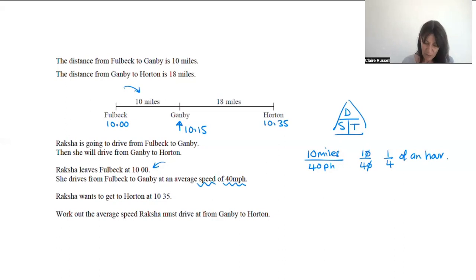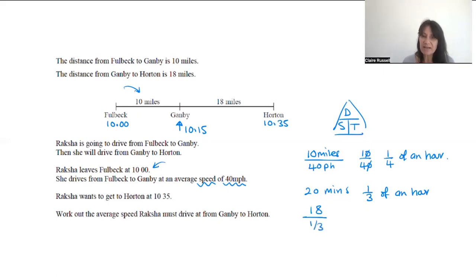Now, we want to know what speed we're going to travel at in order to get to Horton by 10:35 to get there on time. So we've got 10:35, 10:15, so we've got 20 minutes. Now, 20 minutes is a third of an hour. I know that my distance is 18. I know the formula is distance divided by time, and my time is a third.